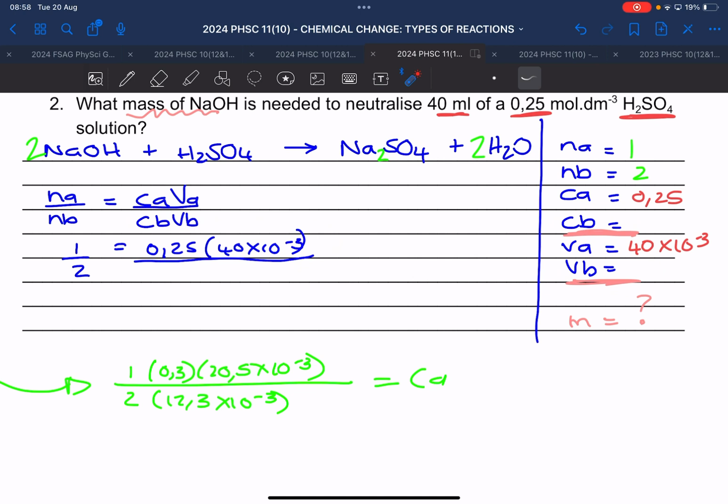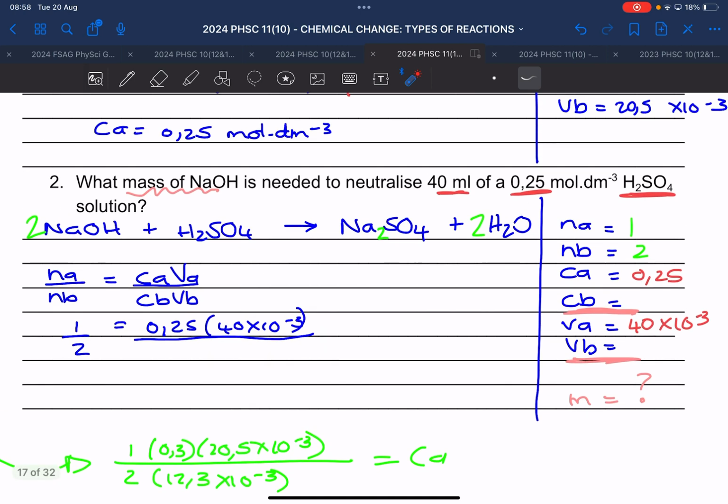What to do? Okay, let us think. We don't have anything to fill in here, and they actually want us to calculate the mass. What is concentration times volume?